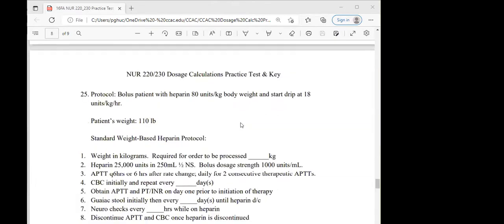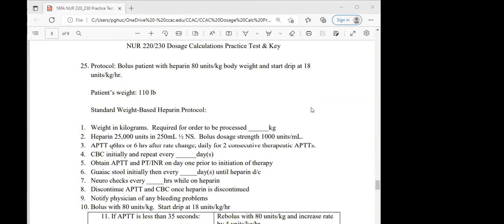All right, so the heparin protocol, the challenge with this is just knowing what to do with the information.